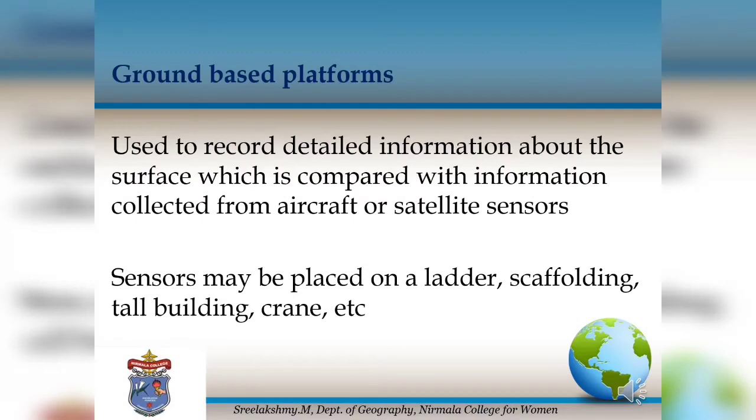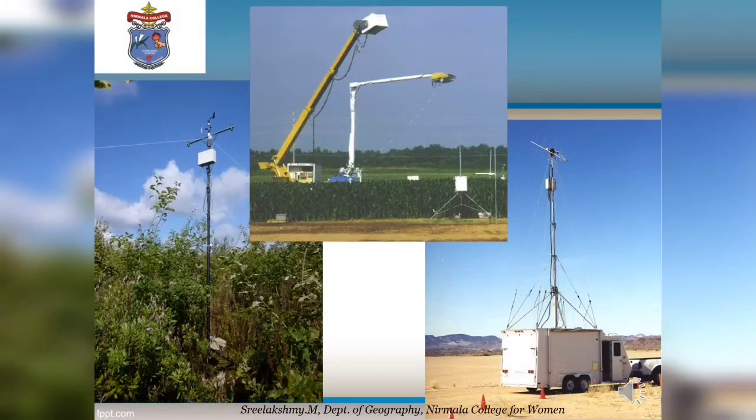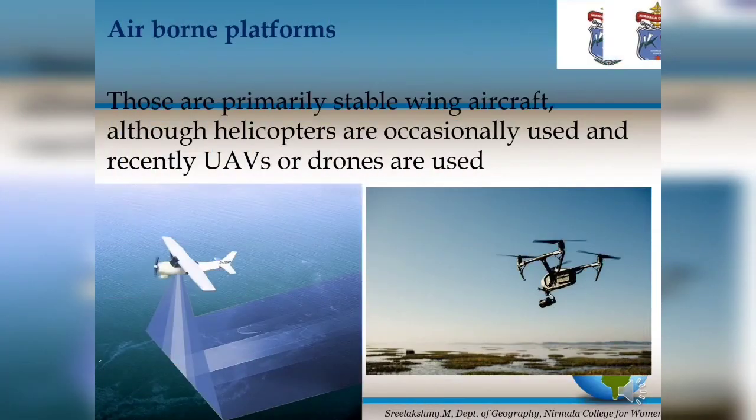Ground-based platforms are used to record detailed information about the surface, which is compared with information collected from aircraft or satellite sensor. Such sensors may be placed on a ladder, a scaffolding, tall building, crane, etc. Airborne sensors are those which are primarily stable wing aircraft, although helicopters are occasionally used, and very recently unmanned aerial vehicles or UAVs or drones are used.